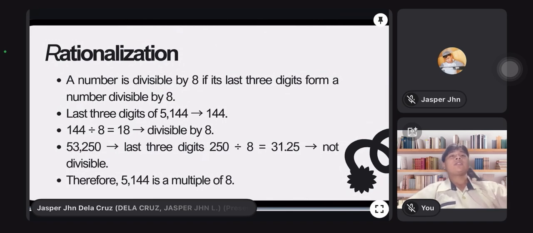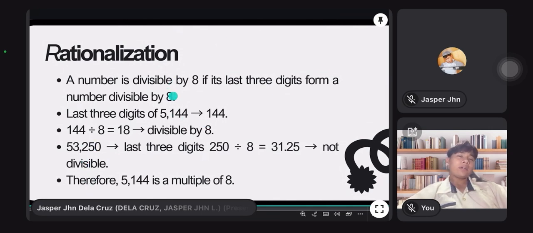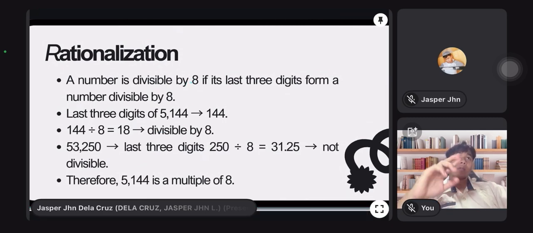Yes. The answer is 18, right? So our answer is 5144. On the other hand, the other options cannot be divided into an exact amount. So they have decimals, right? So therefore, 5144 is a multiple of 8.